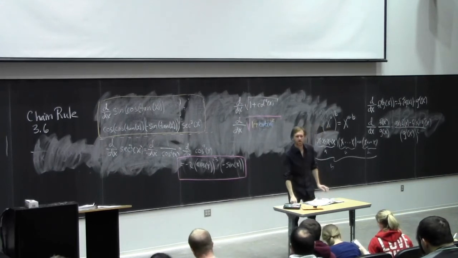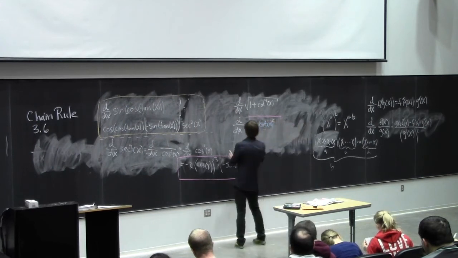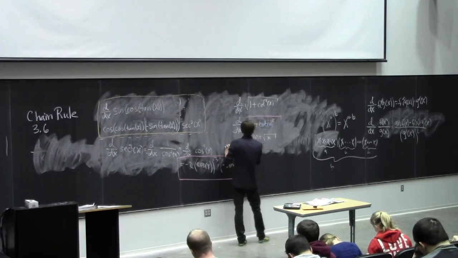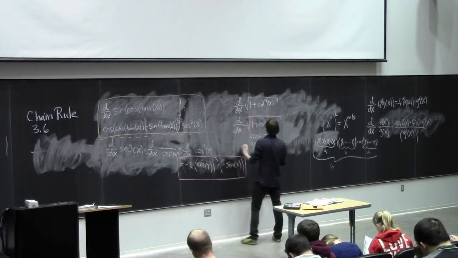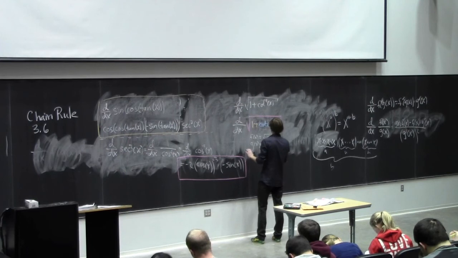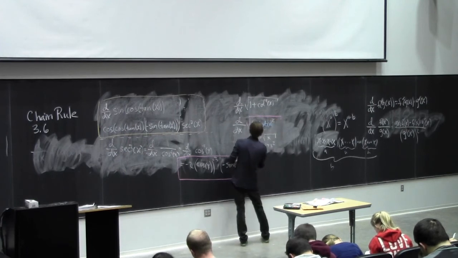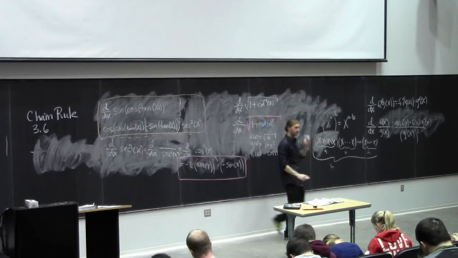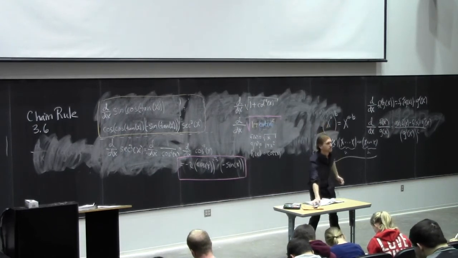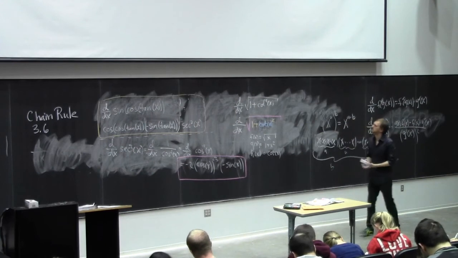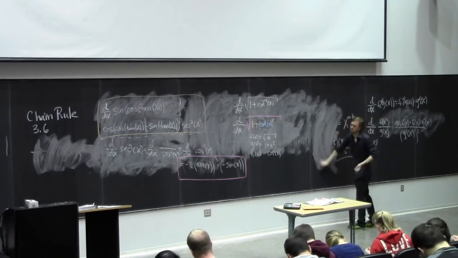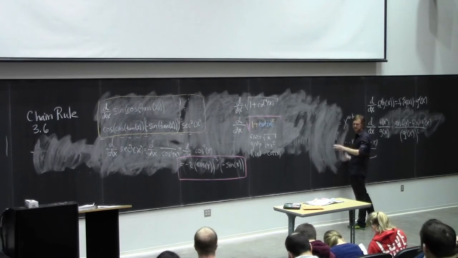And so I'm going to write this down one more way. So we have f of x is equal to the square root of x. G of x is equal to 1 plus x squared. H of x is equal to the cotangent of x. Does that make any sense?